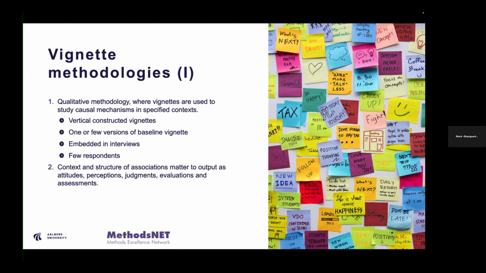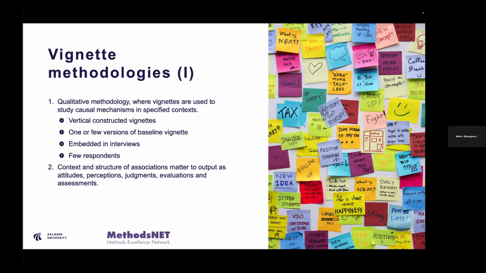This is also something we will talk a lot about: how to design the vignette study in terms of how many vignettes you need in order to create the knowledge and the data you would like to achieve.